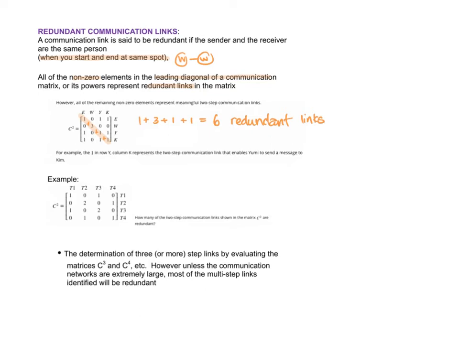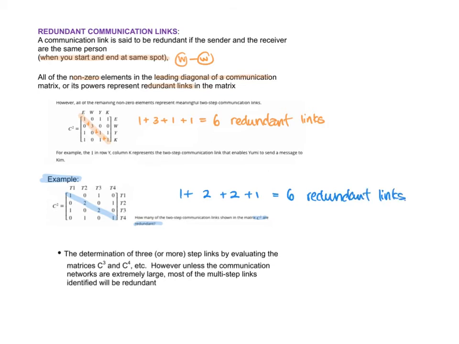So if we look here on our example down here, it says how many two-step communication links shown in C2 are redundant. So we want the redundant. So all I do is go down the leading diagonal here and I add them up. So it'd be 1 plus 2 plus 2 plus 1. So we've got 6 redundant links here as well. Okay.